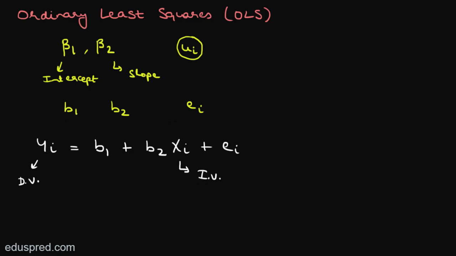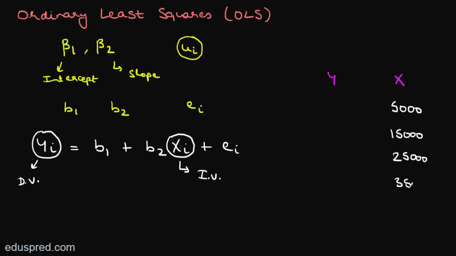Now before I jump to the method of ordinary least squares, let me write a demo sample here. As you can see, we have only two variables, yi and xi. So let us write some values for these two variables. Let's say that y and x can take 5 values. The values that we have for x are 5,000, 15,000, 25,000, 35,000 and 45,000.